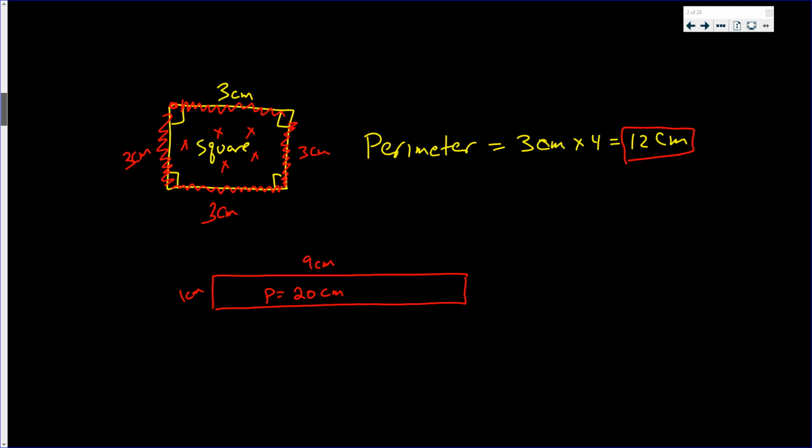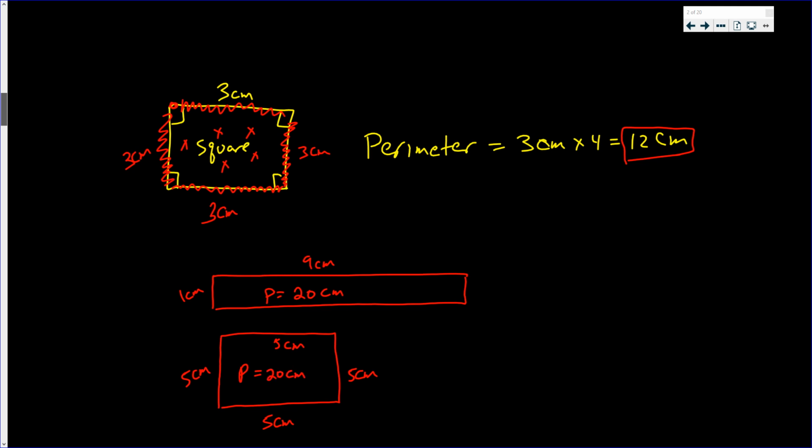But now, if instead I made it 5 centimeters by 5 centimeters, that is a square, 5 centimeters all around, the perimeter is 20 centimeters.